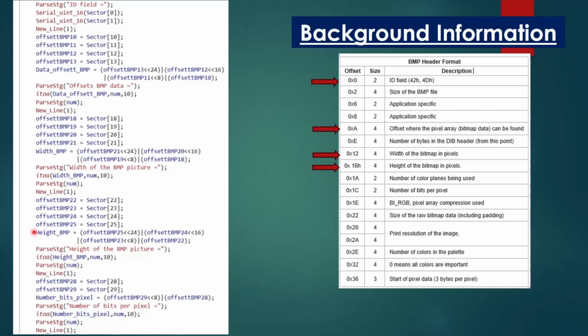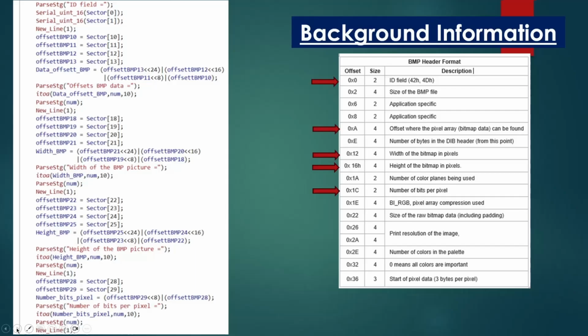And then the height we obtain by concatenating bytes 22, 23, 24, and 25. So we have the height here. And finally, what we're going to get from this table is the number of bits per pixel, and that's right here.